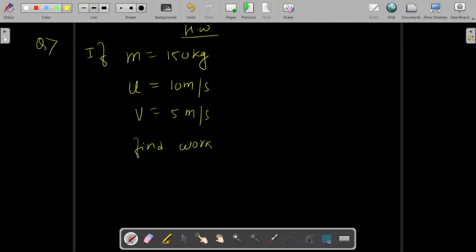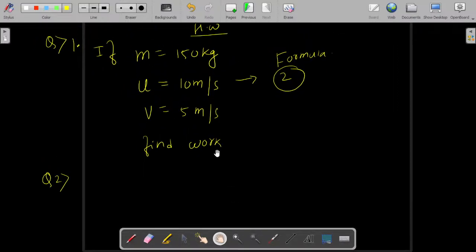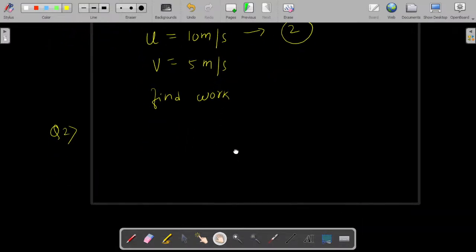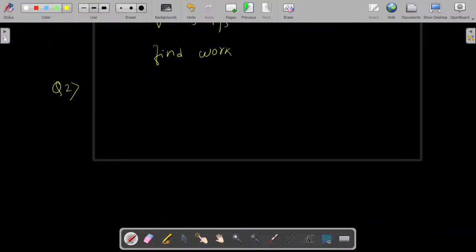Which formula you have to use? Formula number 2. Write down F2. This is question number 1. Next write down question number 2.